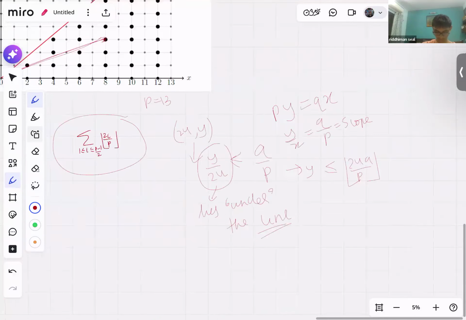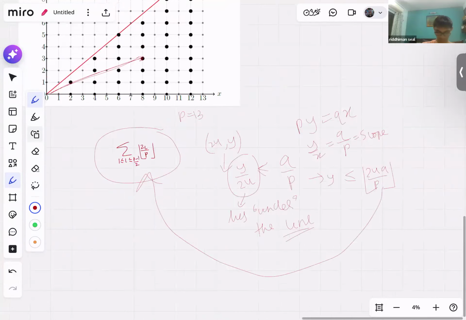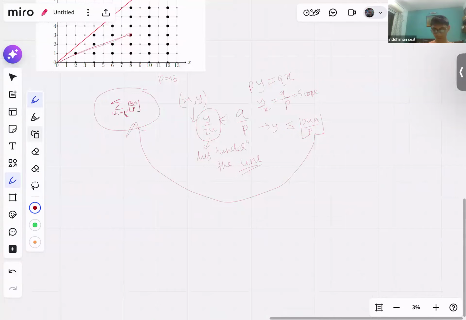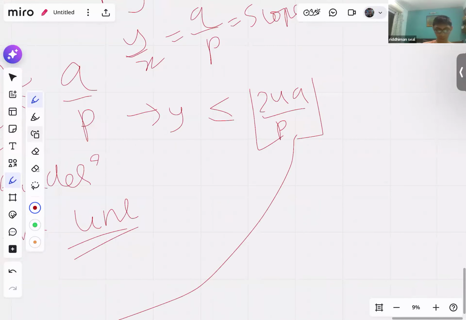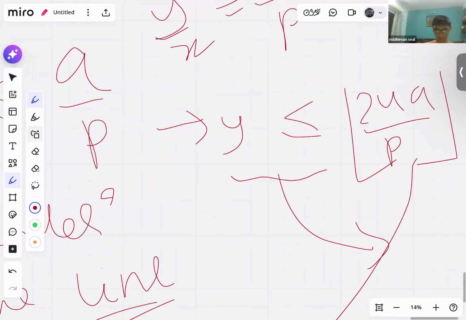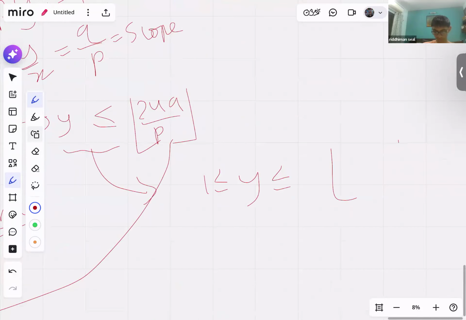Does this term look familiar? It's the same term, right? We have 2i here and 2u here, but it's the same term. So how many possible y are there? It's 1 ≤ y ≤ this summation thing.